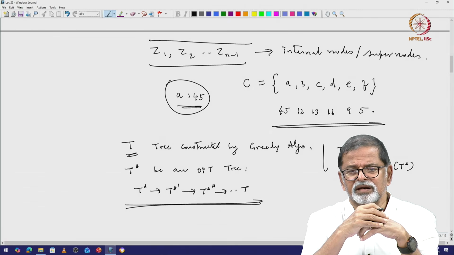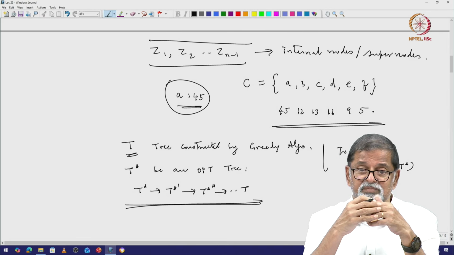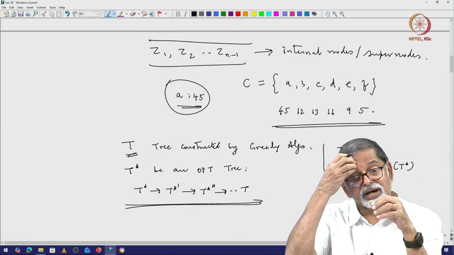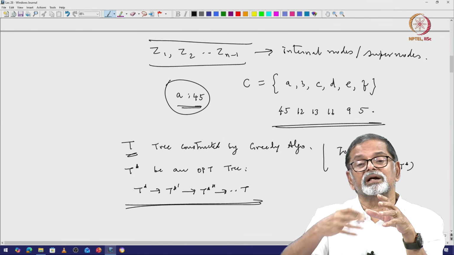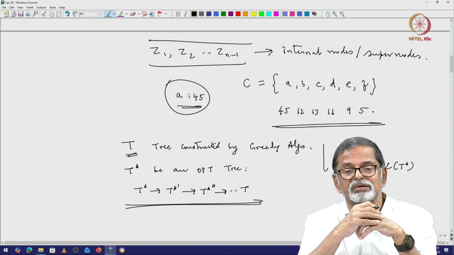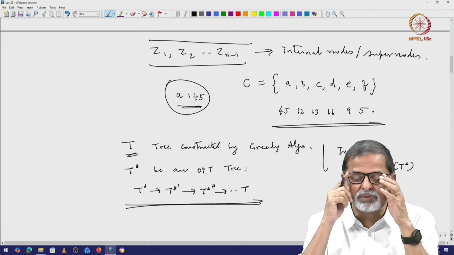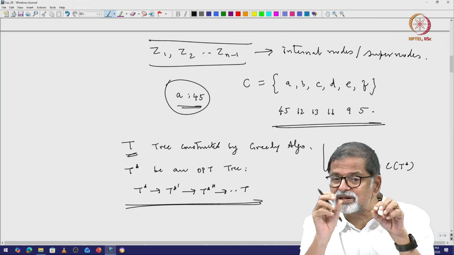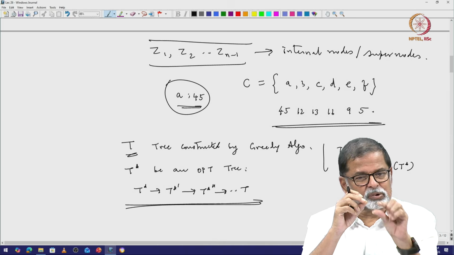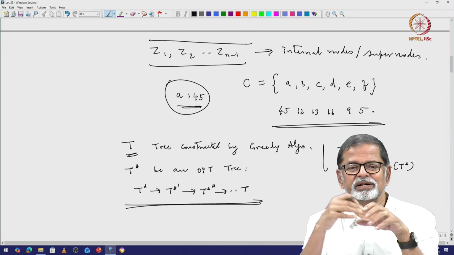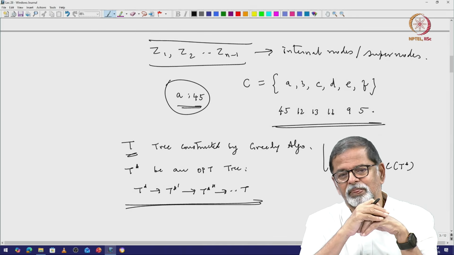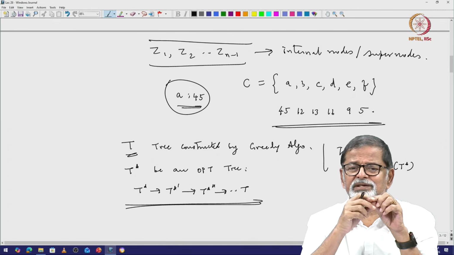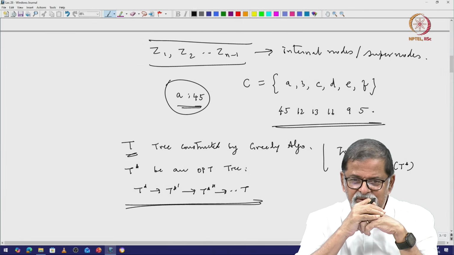If A in our example were at a deeper position, its code would be longer, and that many times that long code would appear in the representation. So high frequency characters must have a small code associated with them. For low frequency ones, we can afford to have a slightly longer code. So in variable length code, the intuition is that the high frequency ones will be given shorter codes.